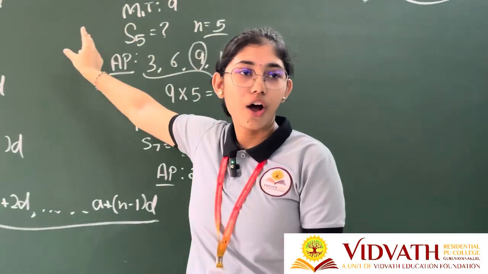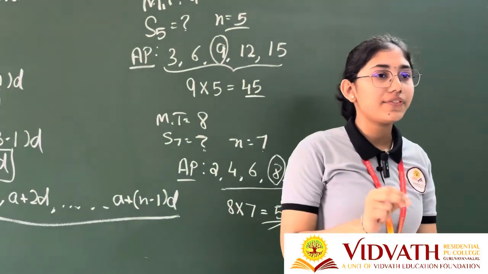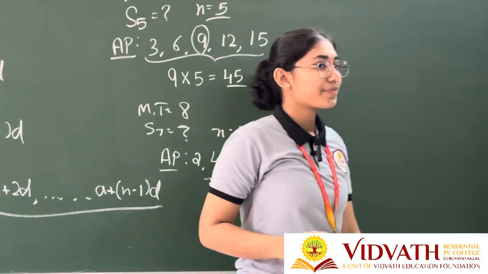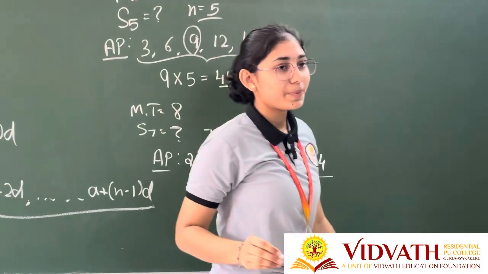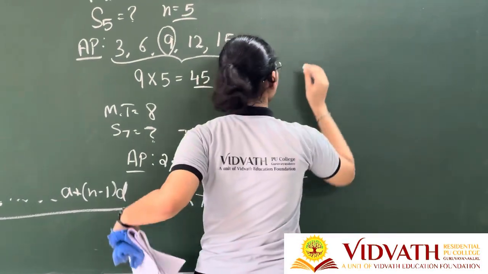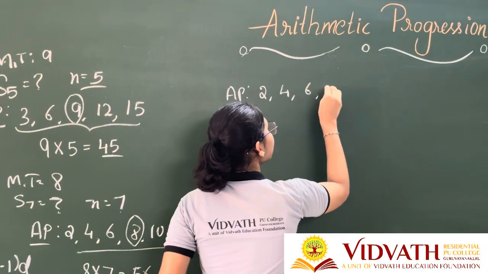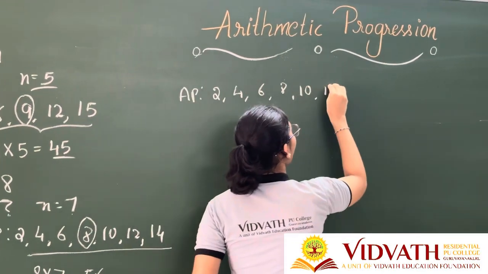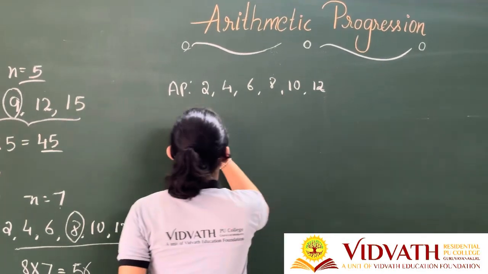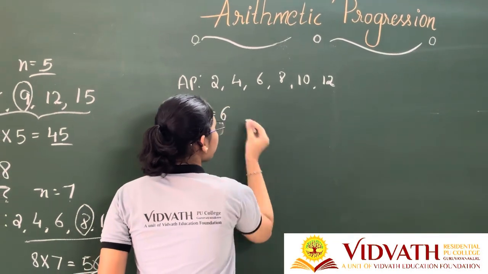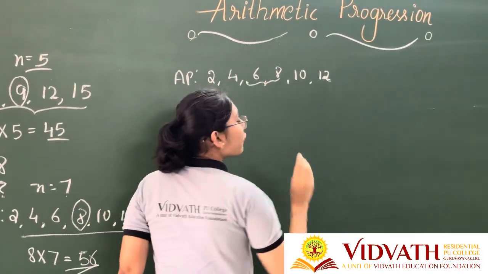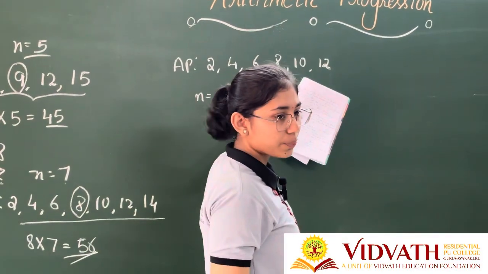The number of terms here is odd. What if we are given an even number of terms? Let's take an example of the same AP here. 2, 4, 6, 8, 10, 12. Here the number of terms is 6. Here we have 2 numbers as the middle term.